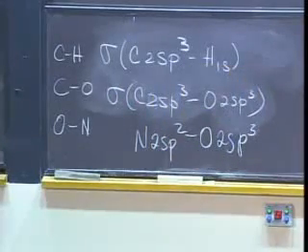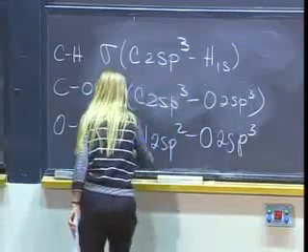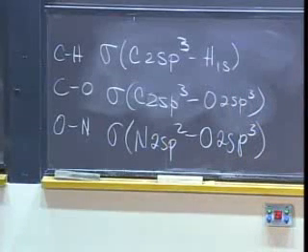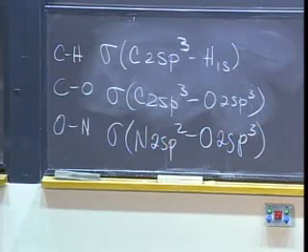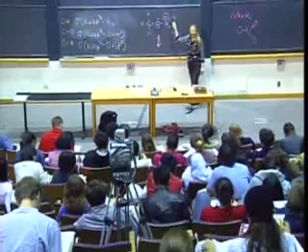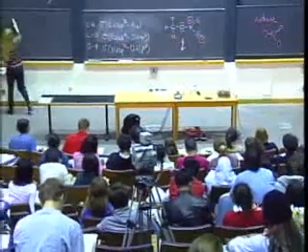But this is still a single bond between the oxygen and the nitrogen there. It's symmetric. And so that bond is a sigma between the nitrogen 2sp2 wave function and the oxygen 2sp3. Okay, next, the nitrogen-oxygen double bond. How are we going to describe that?